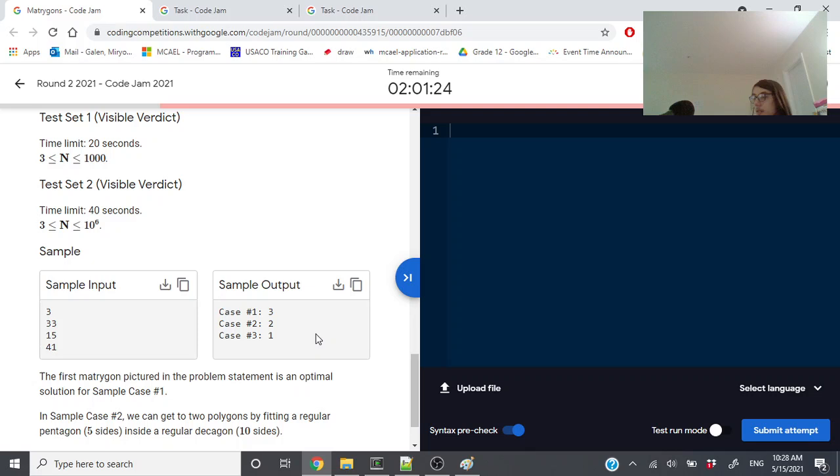So if we take 3, then we're left with some other number. But now we know we're iterating only over divisors of 3, right? So does that help somehow?